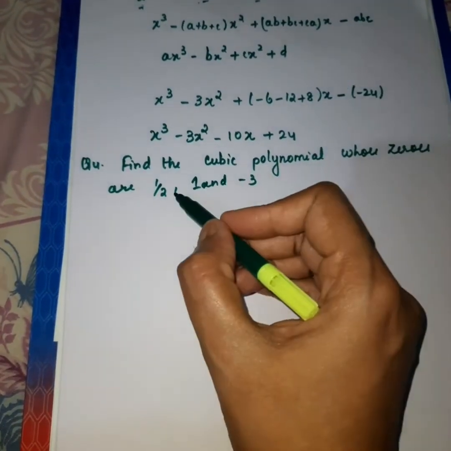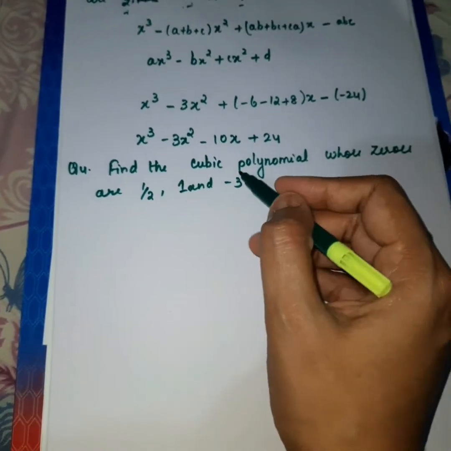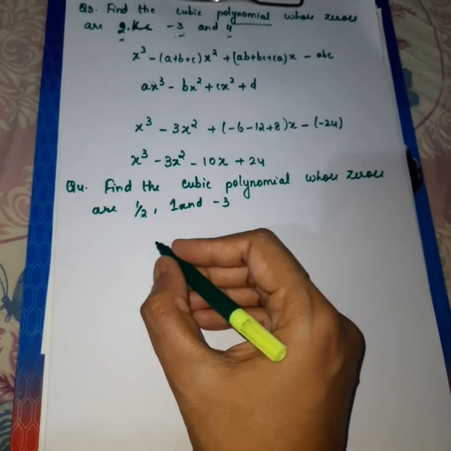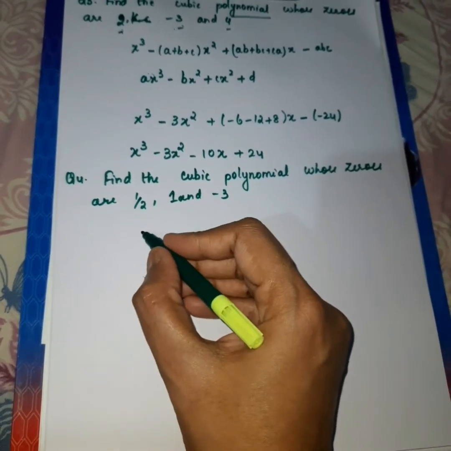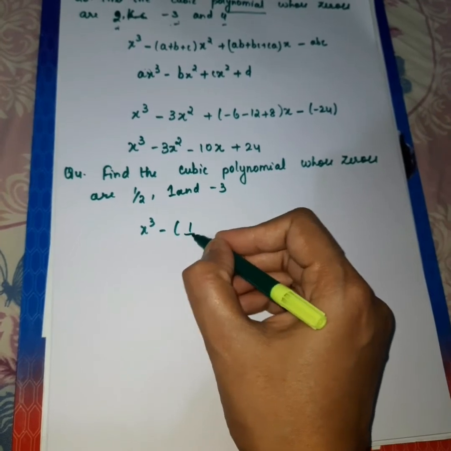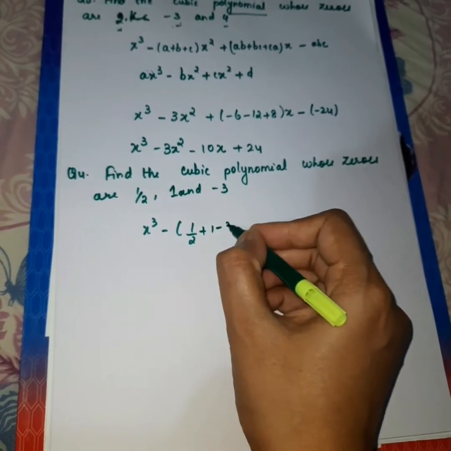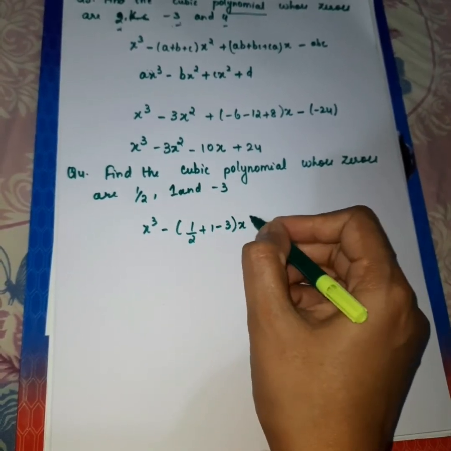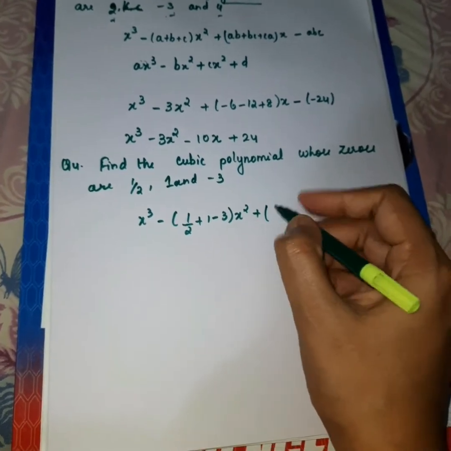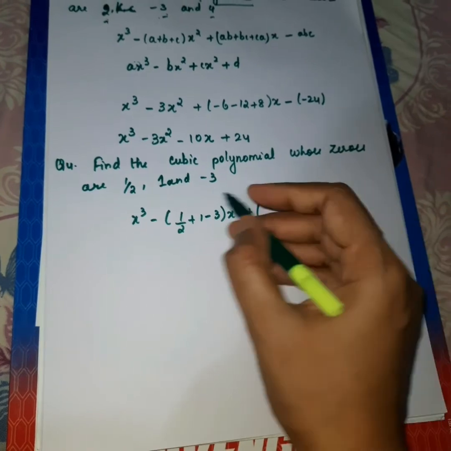Find the cubic polynomial whose zeros are half, 1 and minus 3. So very similar to the pattern of the previous question. So we can just write x cube minus the sum of these three, 1 by 2 plus 1 minus 3, x square plus the product of any two zeros.